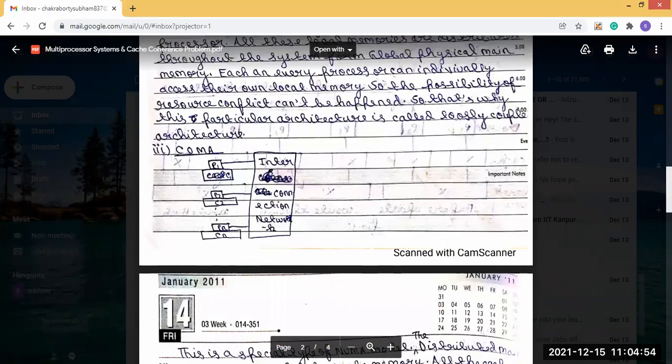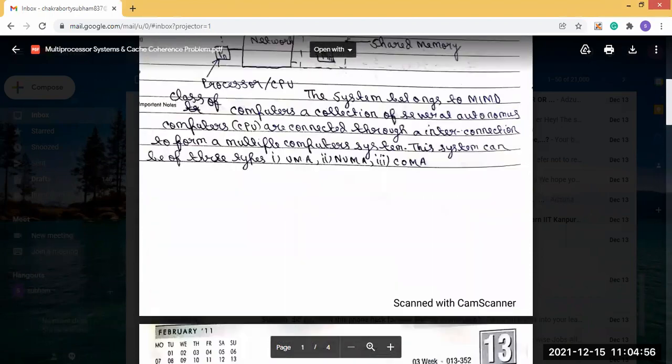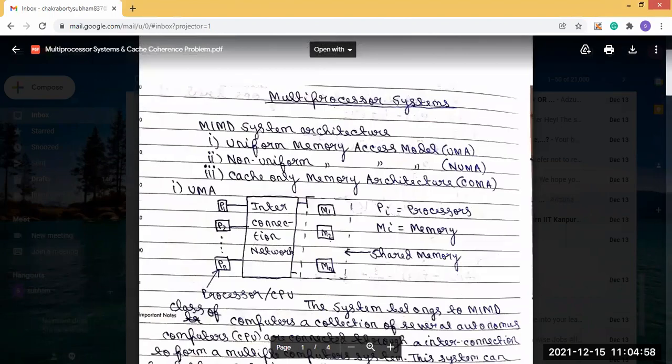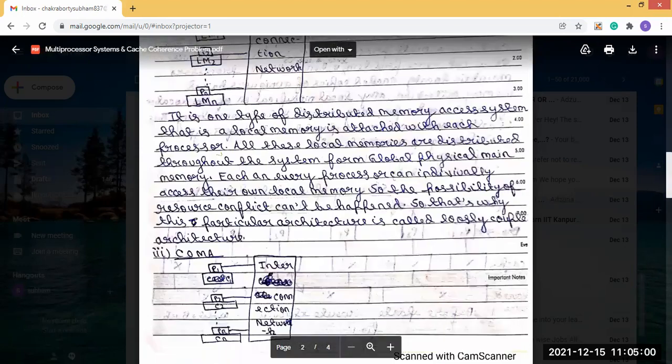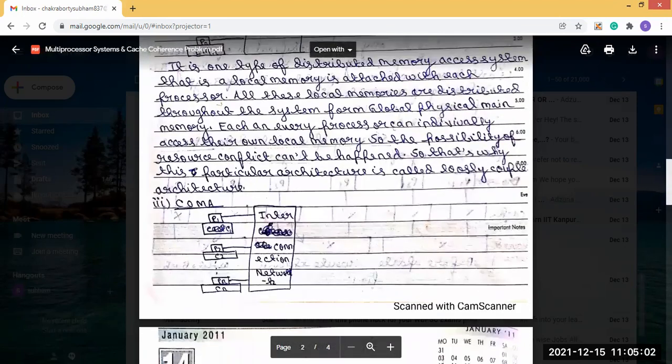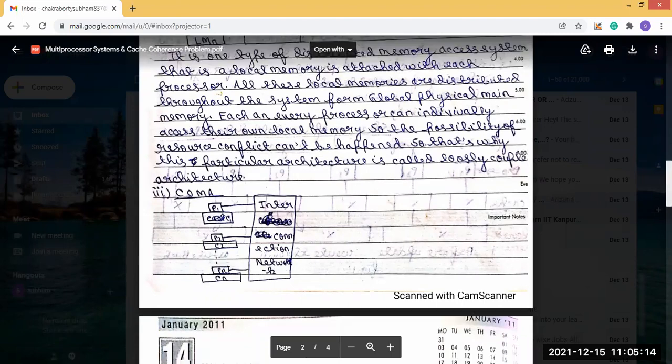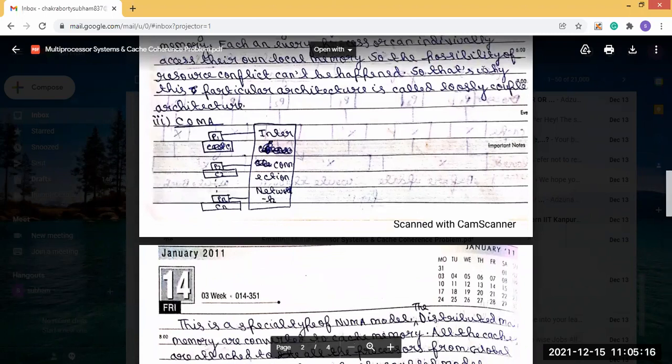And the third one is COMA, the cache only memory architecture. Cache only memory architecture is basically the same as our NUMA, non-uniform memory access. The only difference is that instead of local memory, here it will only be cache.